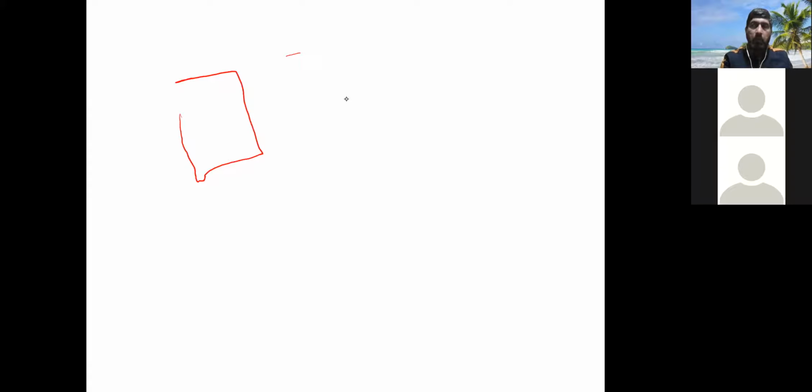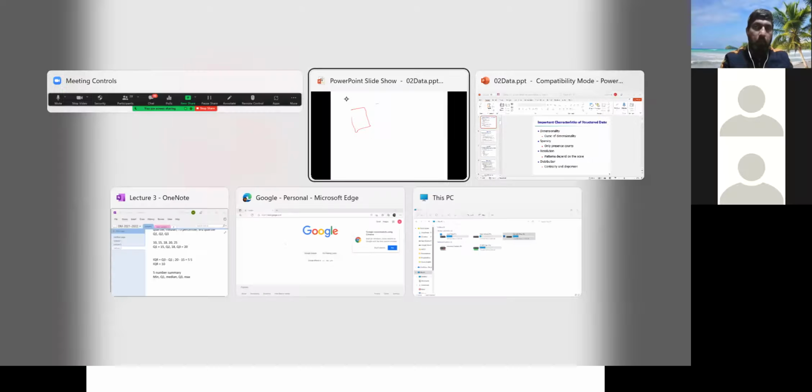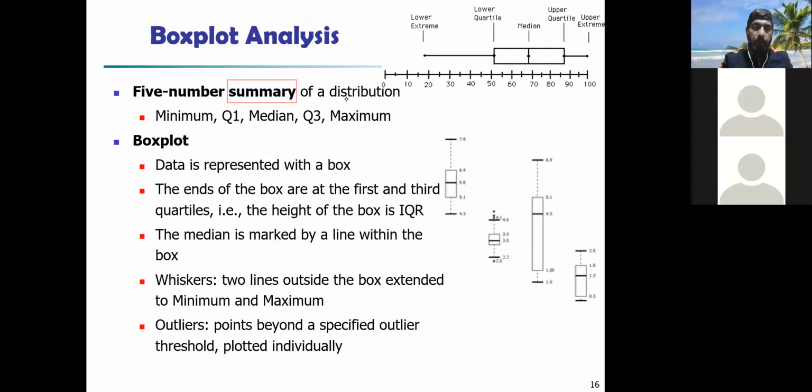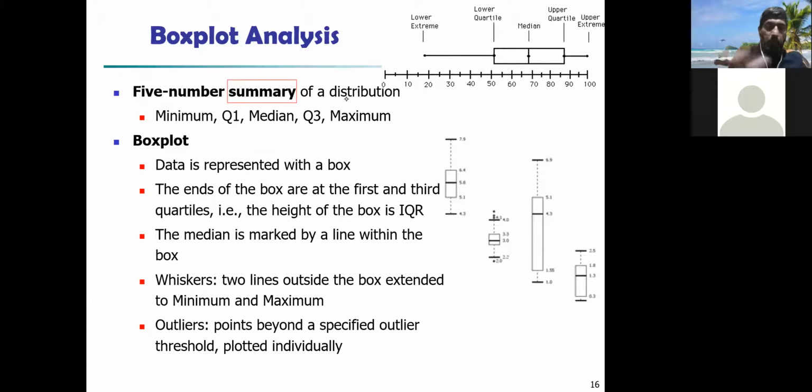Upper side would give you Q3. All right, let me draw it again.